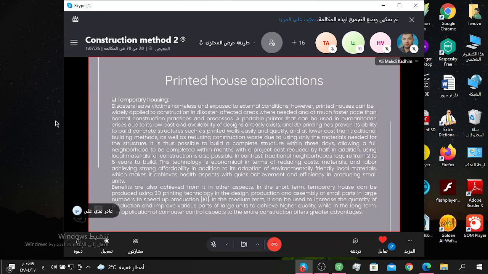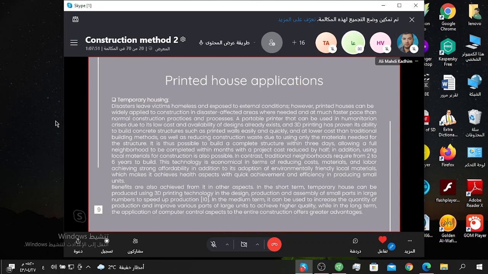It is thus possible to build a complete structure within 3 days, allowing a full neighborhood to be completed within months with a project cost reduced by half. In addition, using local materials for construction is also possible. In contrast, traditional neighborhoods require from 2 to 6 years to build.